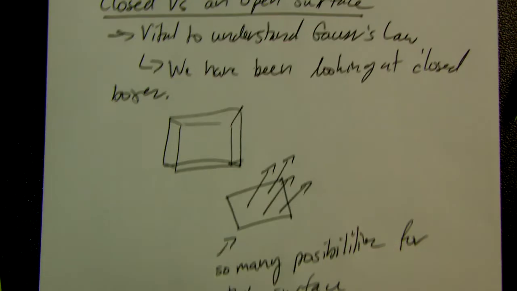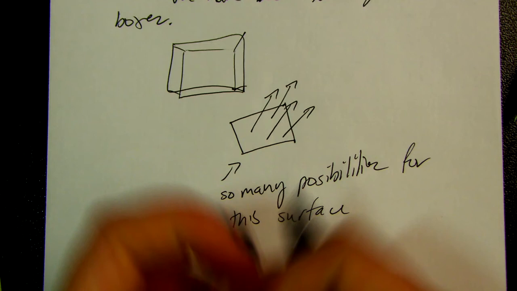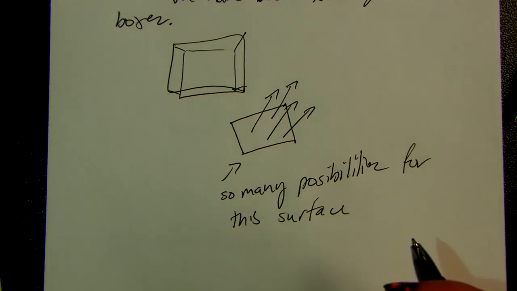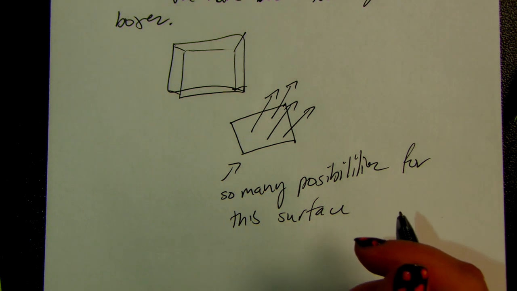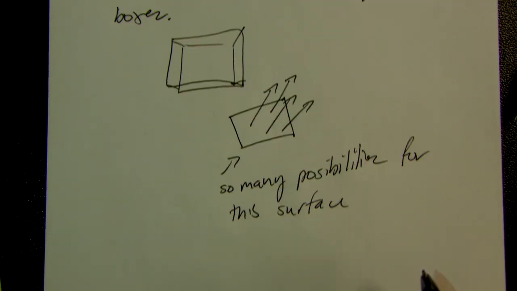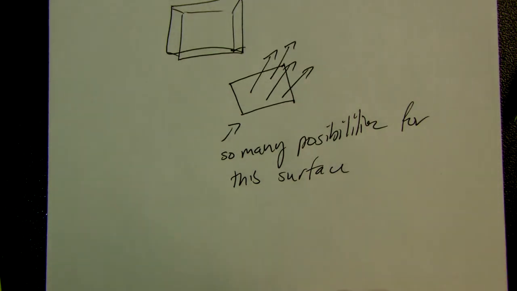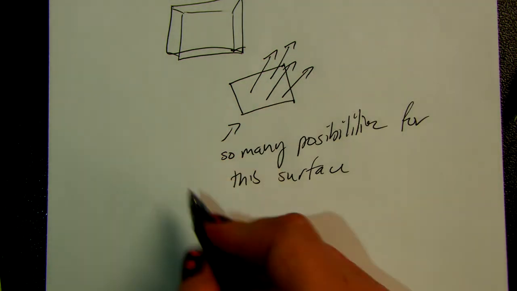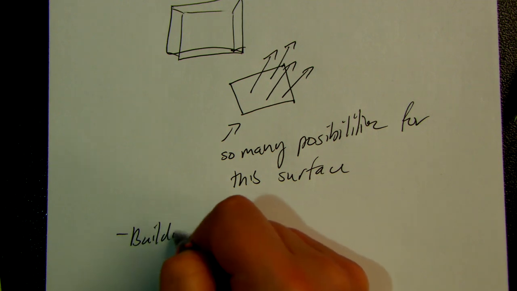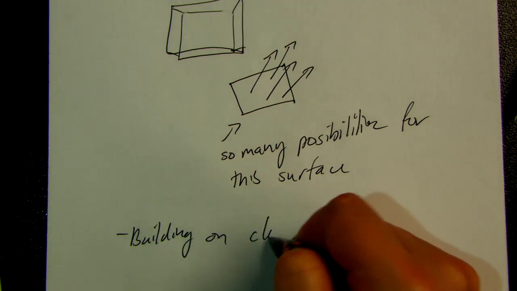And so when you enclose a particular surface within a shape, preferably an easy to calculate shape, you can learn more about it. So this is the main reason why we need to make sure we're differentiating between closed and open surfaces. And Gauss's law typically has to do with a closed surface. So we're going to be building on closed surfaces. We're going to be expanding our idea of closed surfaces.